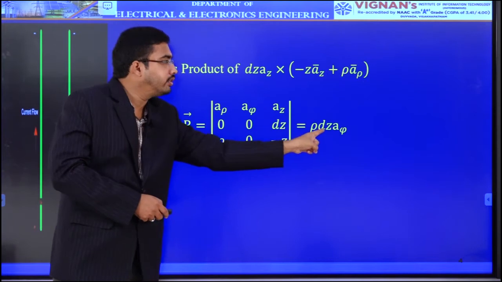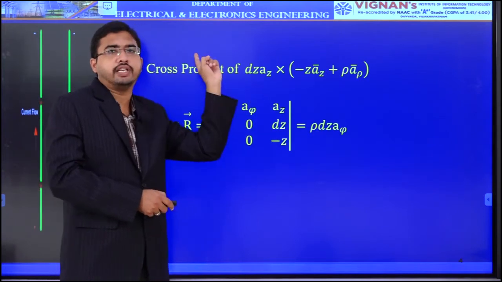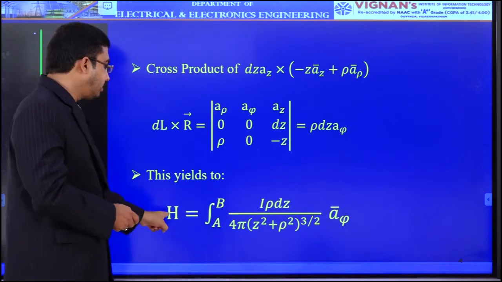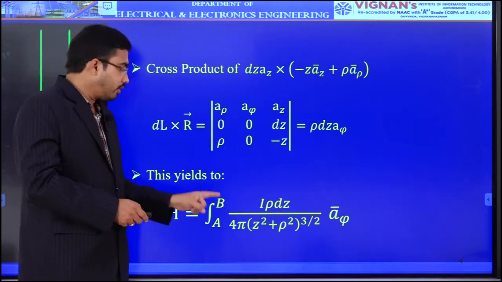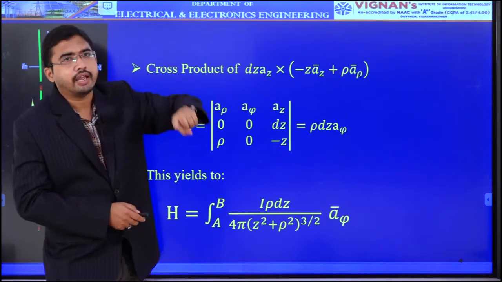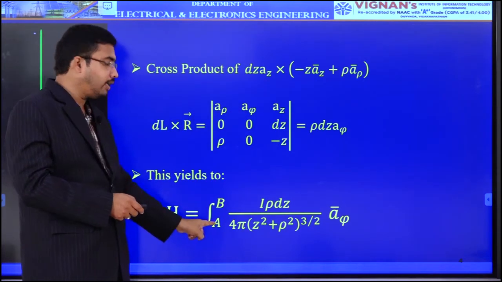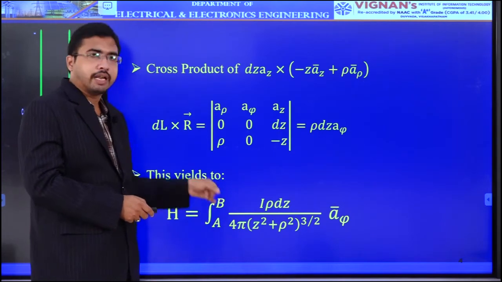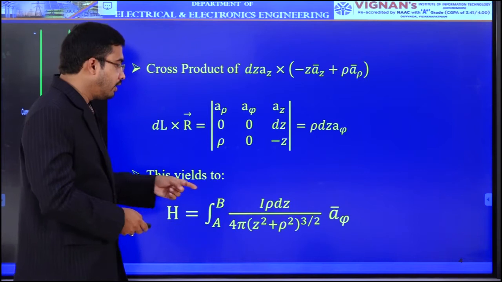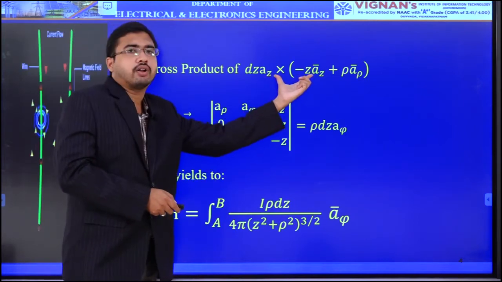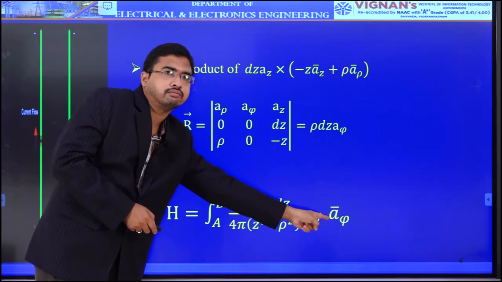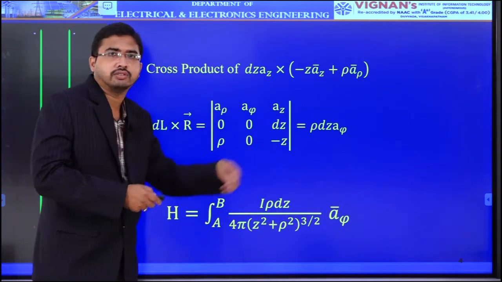Now if I substitute this cross product value in the previous H bar equation, then H is equal to the integral, suppose if I am taking the limits of that conductor, some a to b. Actually this a will be minus infinity, b will be plus infinity, because this is an infinitely long conductor. So in the place of this cross product, I am substituting this value rho dz a phi in the previous expression.